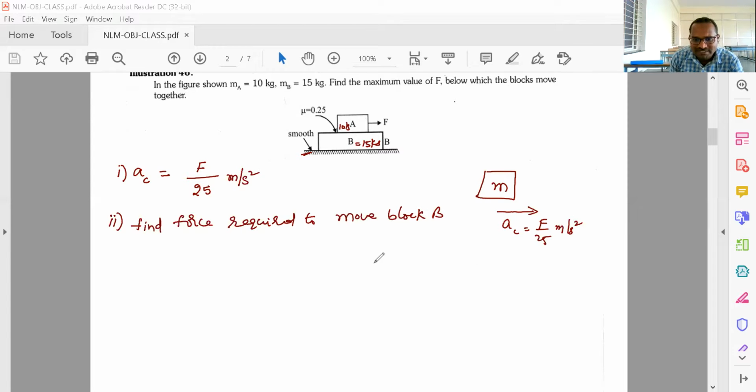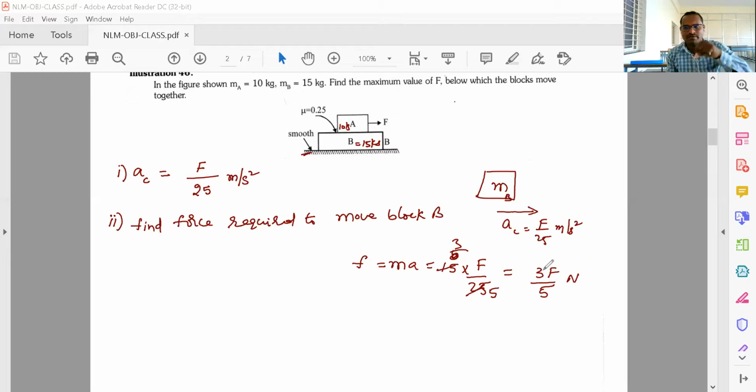Then the force acting on it is nothing but ma. m is the mass of block B, which is 15 kg. So 15 into F by 25 is 3F by 5 Newton. This much force is required.